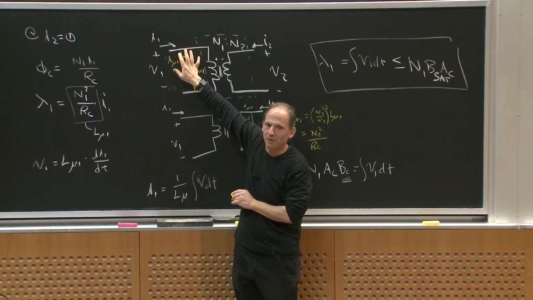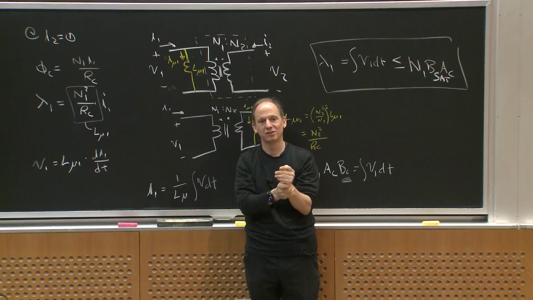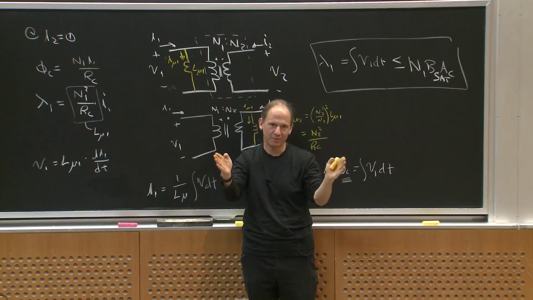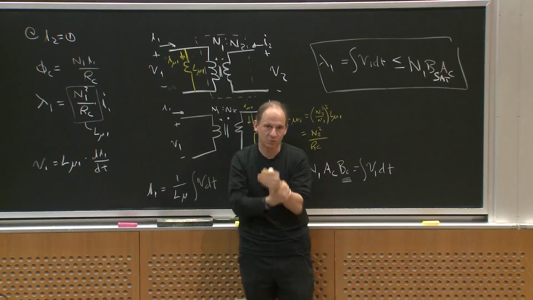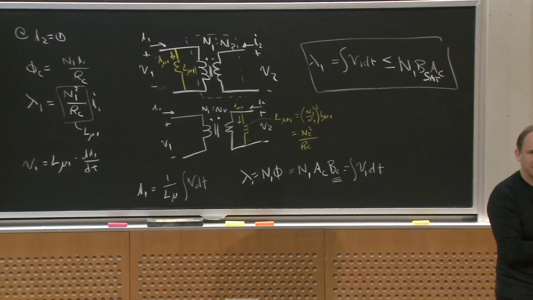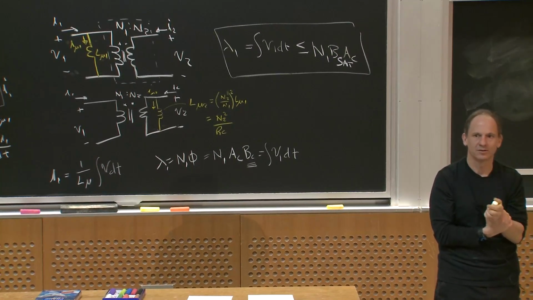But that's a limited time. The integral of V1 dt is limited by the volt seconds. You still can't apply it forever. And yes, we will use it that way. So sometimes that parasitic is a bad thing. Sometimes it's a good thing, and we'll see using it both ways. Great question. Any other questions?